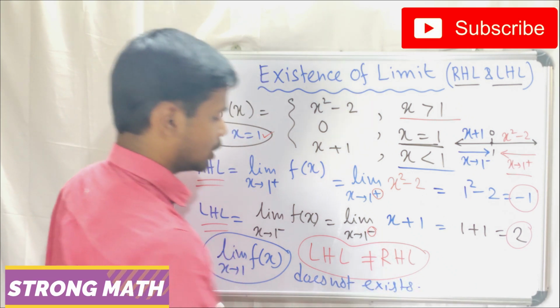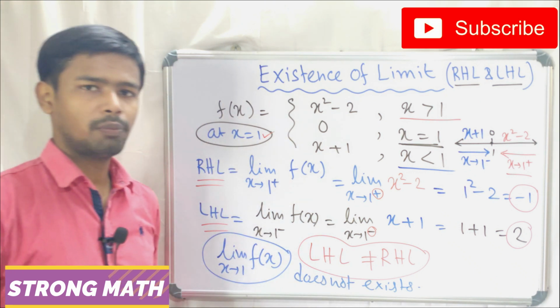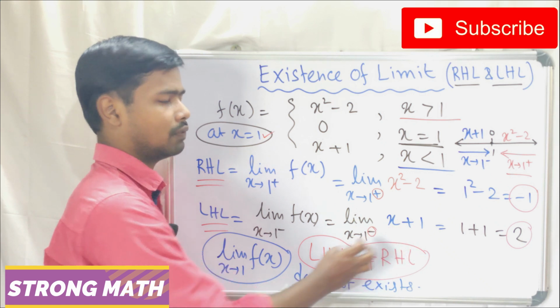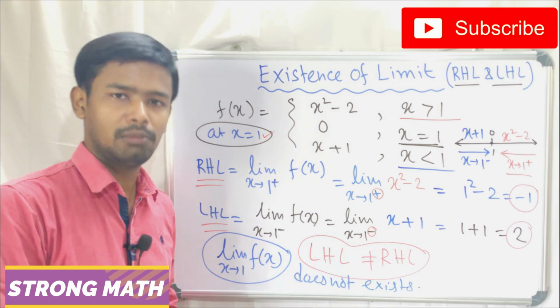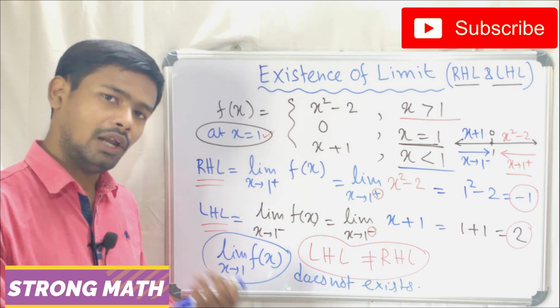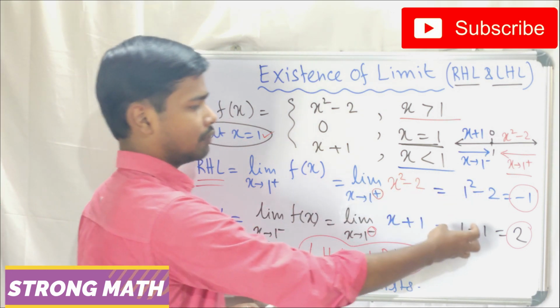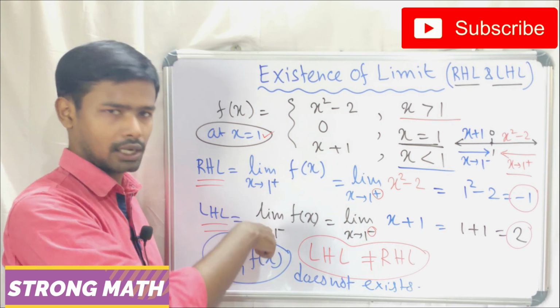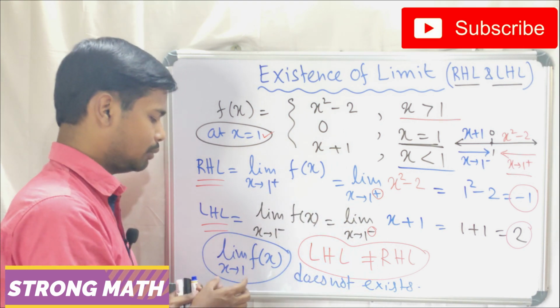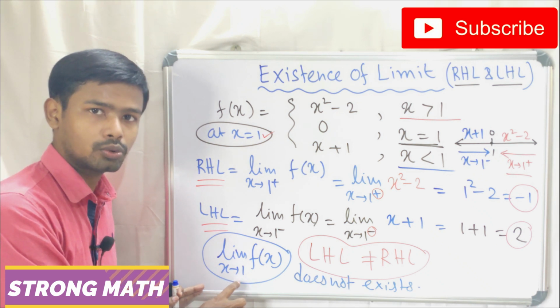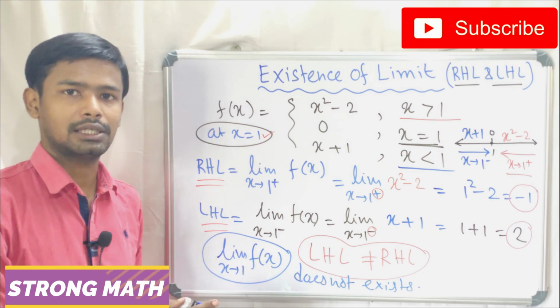Why? Because by the criteria of existence of limit, we have already learned that if the right hand limit and left hand limit are both equal, then the limit exists, and its value will be that same value. As the right hand limit and left hand limit are not equal in this case, the limit of the function f of x as x tends to 1 does not exist.